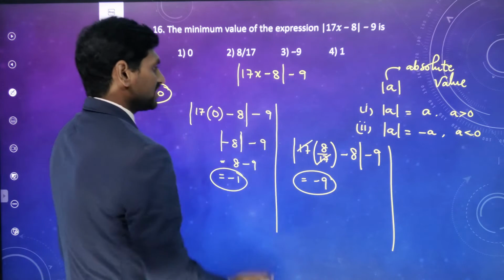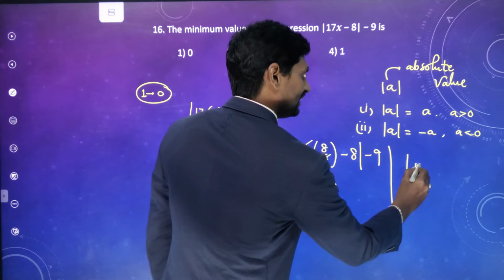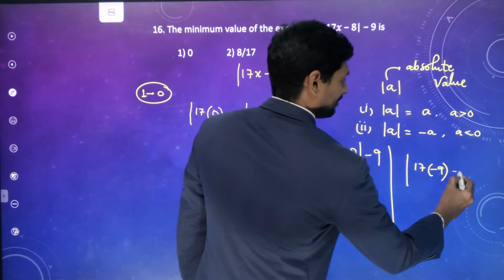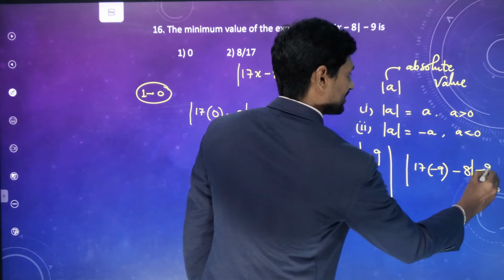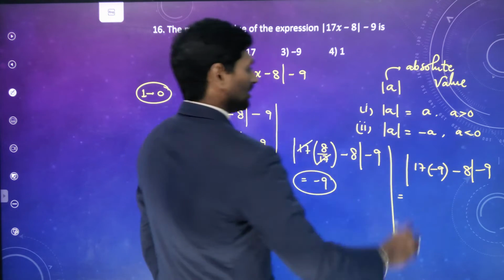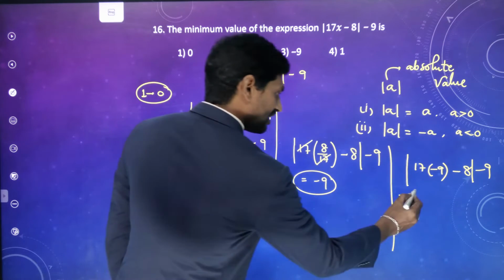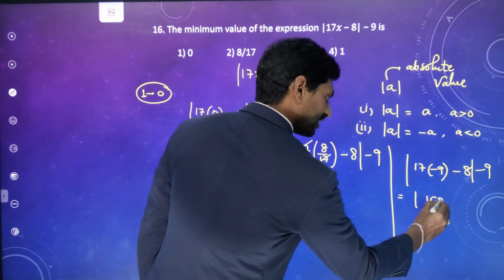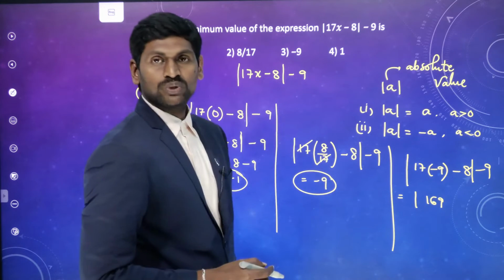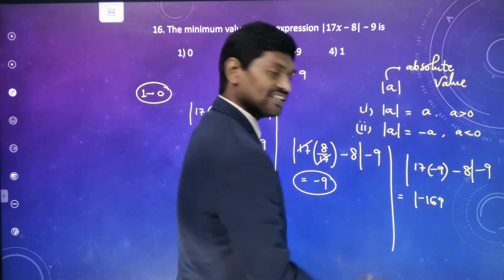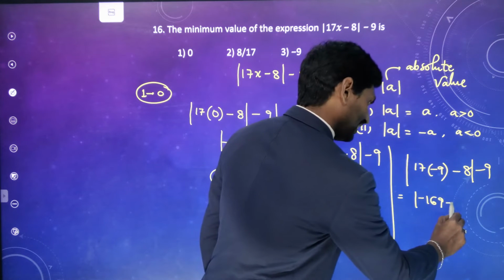Coming to option 3. 17 into minus 9, minus 8, and minus 9. What is the value of 17 nines? 161. But 17 is a positive number and 9 is a negative number, and plus into minus gives minus. Here minus 8.